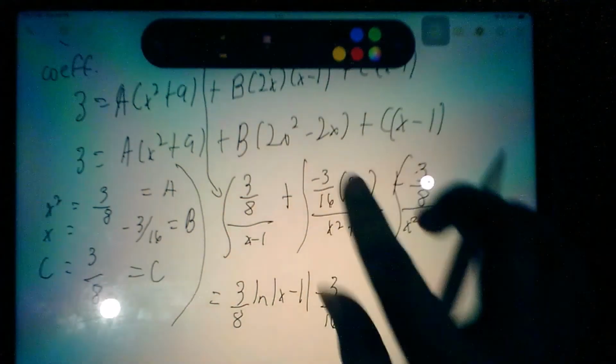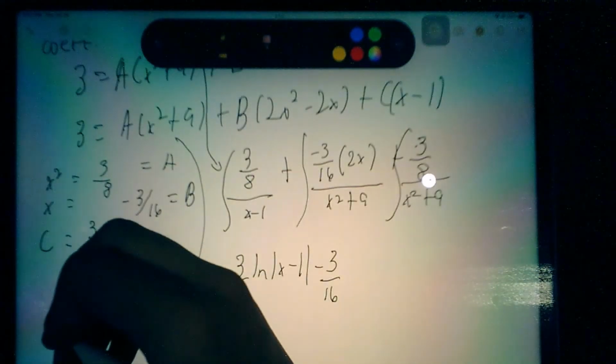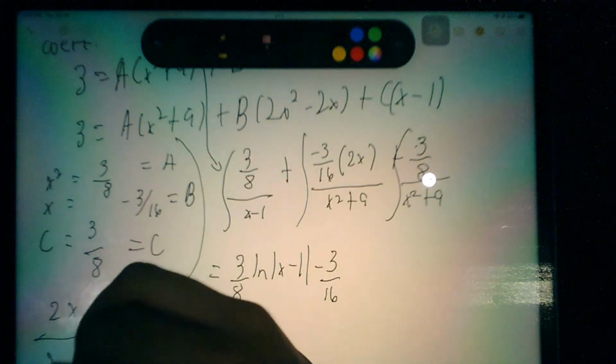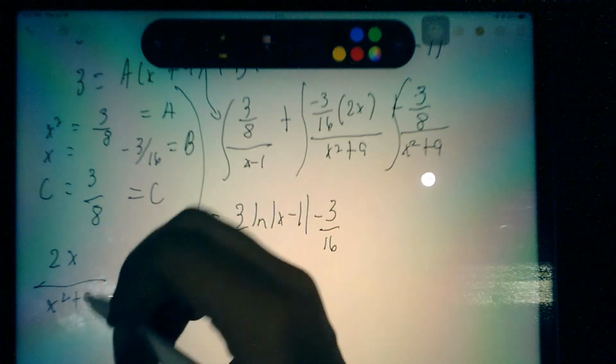Now by covering this up, by using the U-sub here, we see 2x over x squared plus 9.